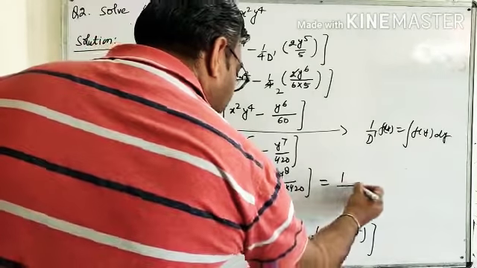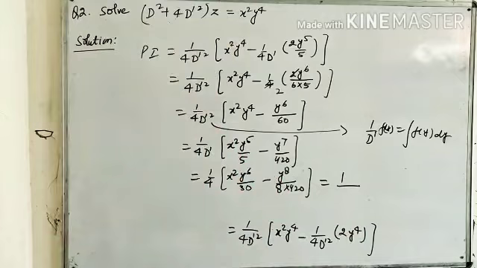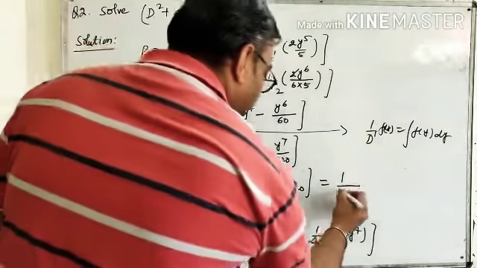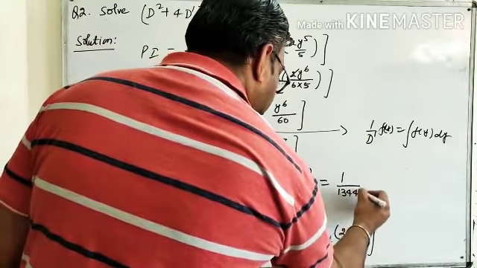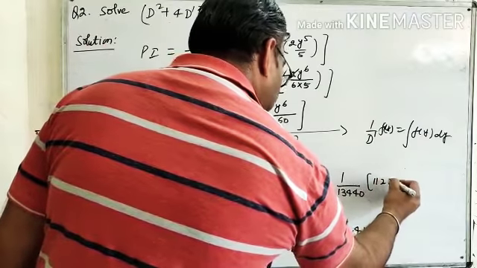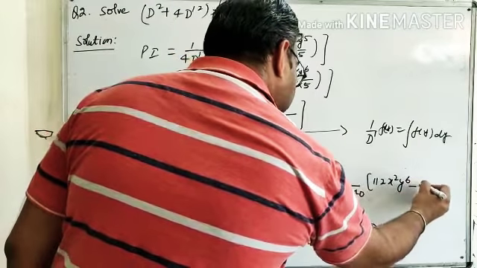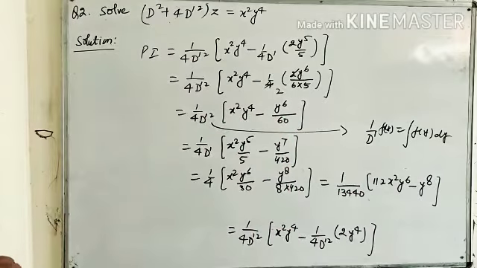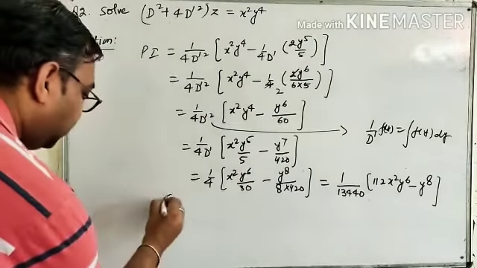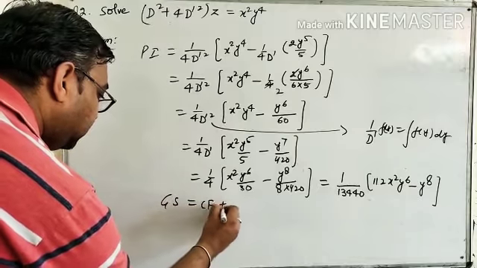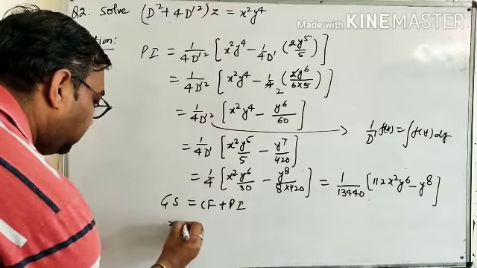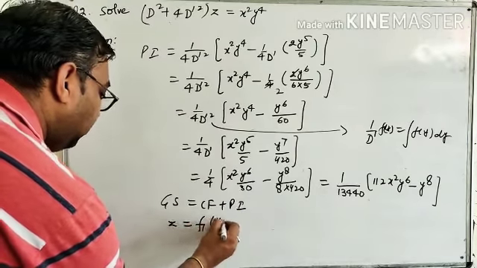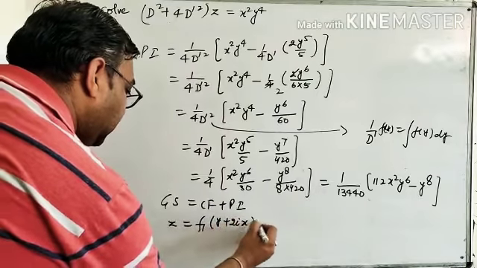This will become 1 upon 13440 x square y raised to power 6 minus y raised to power 8. So this is PI.